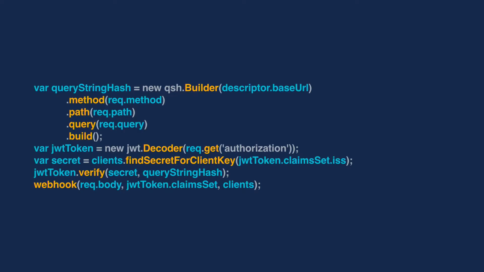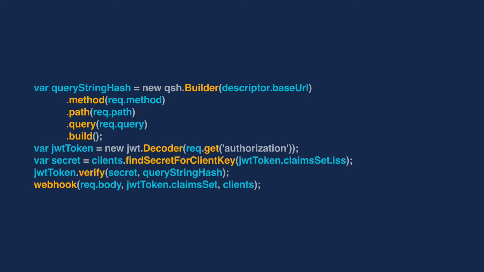All right, so just kind of in a little bit of pseudocode here. I usually wrap up the QSH building with my own object code to make it simpler, but basically we have to pass in the same information that I've already described. So it's the base URL, the request method, the path, and the query, and that gives me a QSH string.